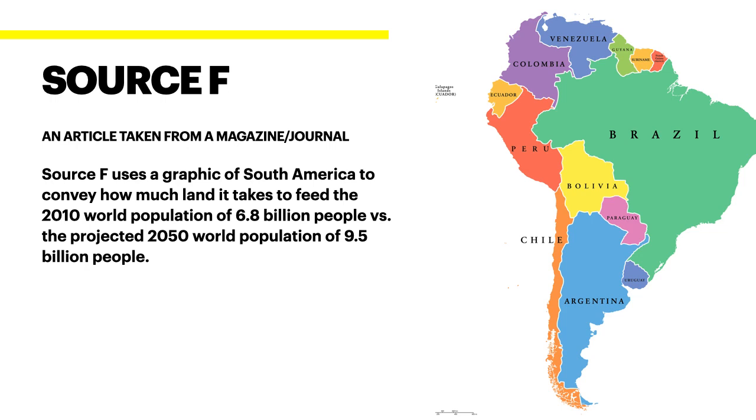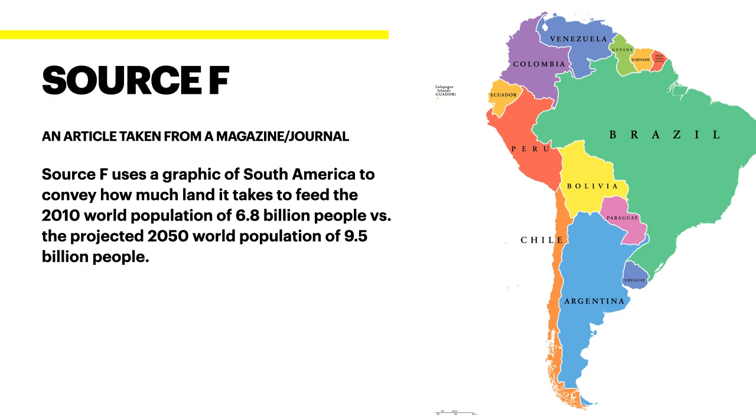Source F is a comparison of how much land we use today to feed the world and how much land it's projected we'll use in 2050 to feed the world. So right now, according to source F, we use enough land to equal the entire continent of South America to feed 6.8 billion people.